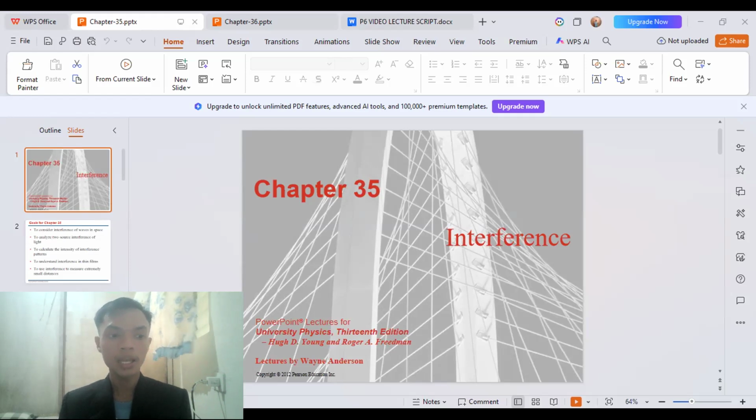Finally, the Michelson interferometer showed us how precision measurement relies on wave interference. Remember that interference is not just a visual effect, it's a cornerstone of modern optics and physics.